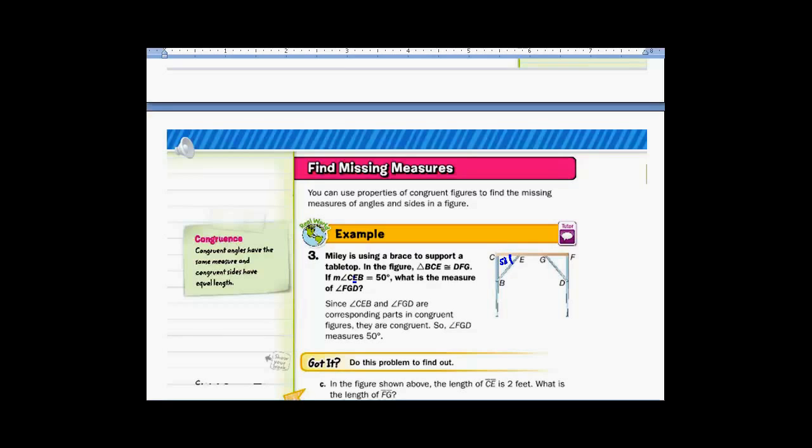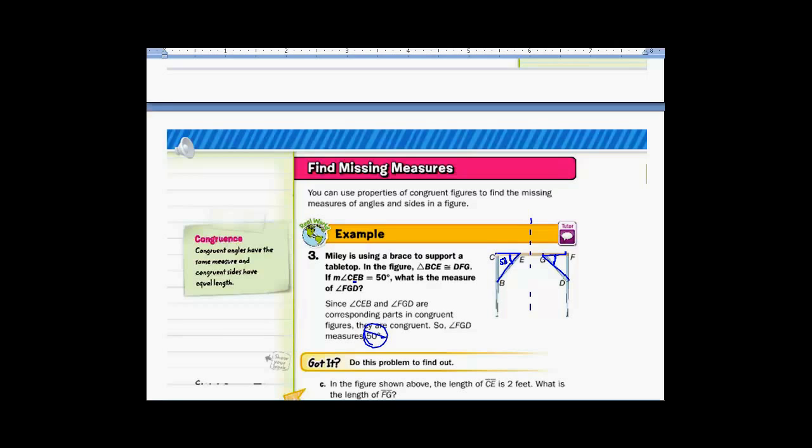So if that's 50, what's the measure of angle FGD? Well, you can see right there that if you were to reflect that, this angle corresponds to this angle. So if this is 50, then that is 50.